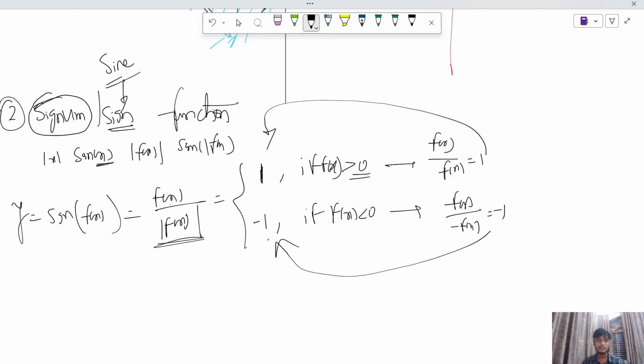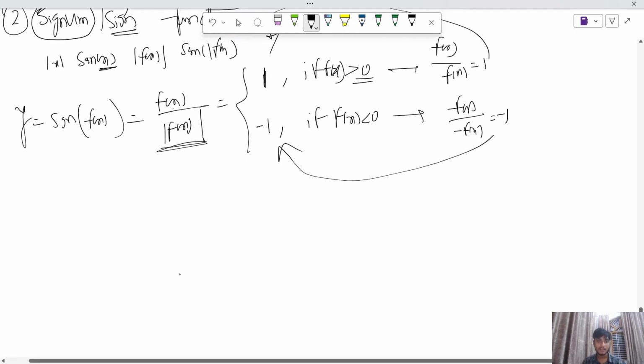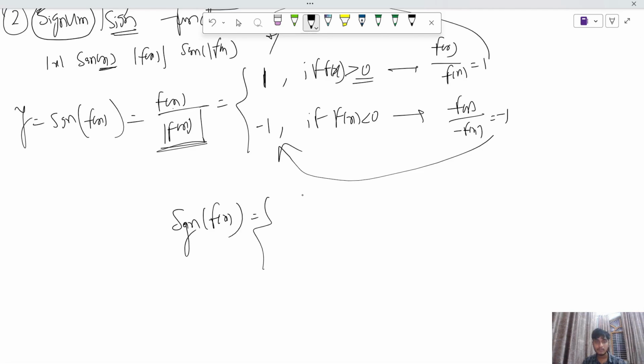So how will it look? I'm writing it again here. Signum of f of x is defined as 1 if f of x is greater than 0, and minus 1 if f of x is less than 0.